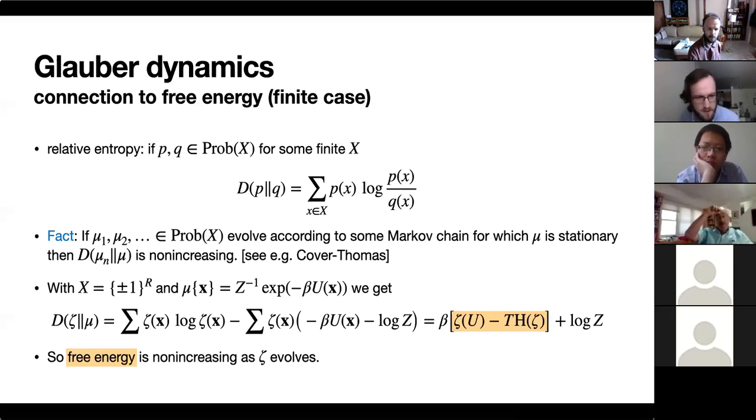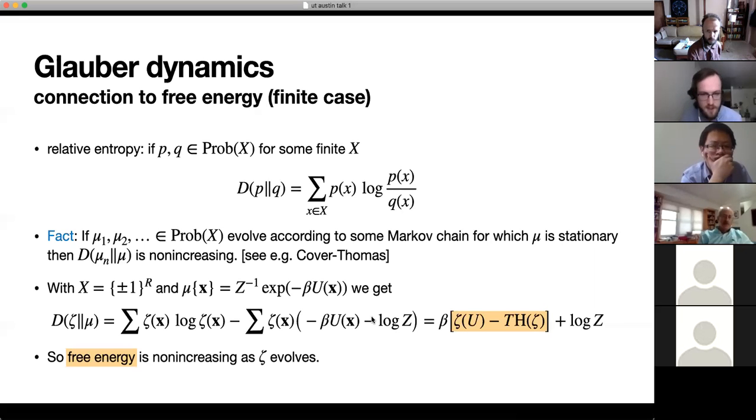And maybe one aside comment. I've talked about free energy density, specific free energy, and some authors will use this to mean something different. Actually, a lot of authors will. Sometimes they'll mean this to be the limiting free energy density of the Gibbs measure, but I'm talking about something slightly different.